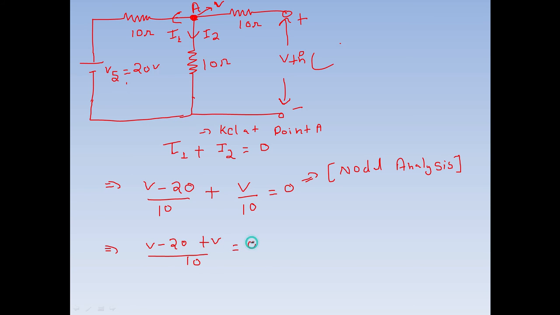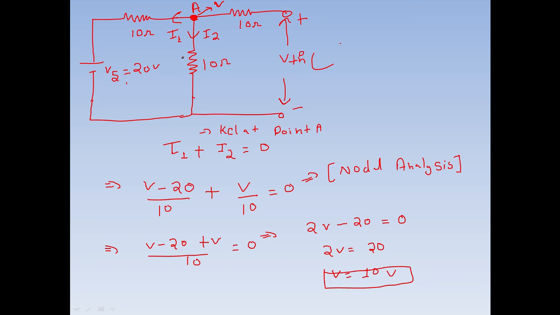If we further solve it, 2V minus 20 is equal to 0, 2V is equal to 20, then V is equal to 10 volt.